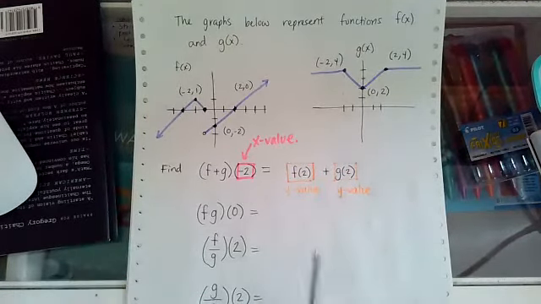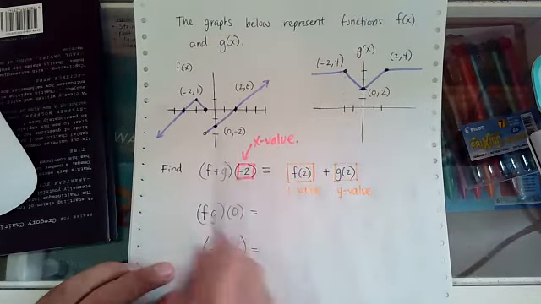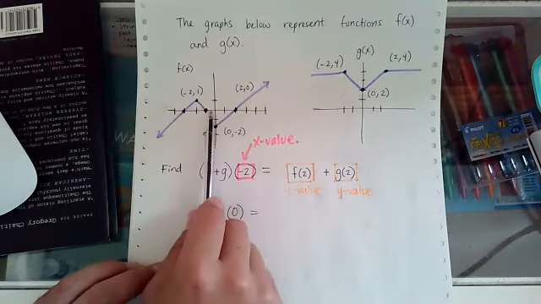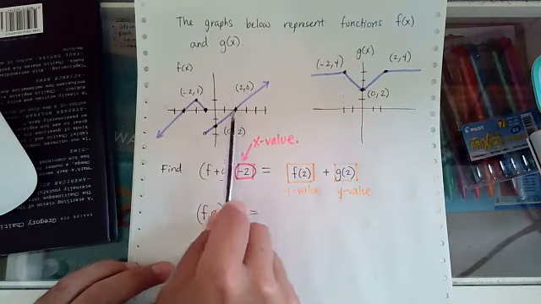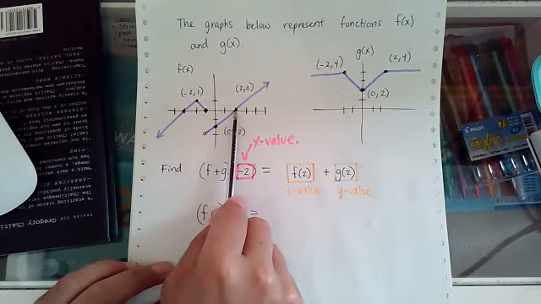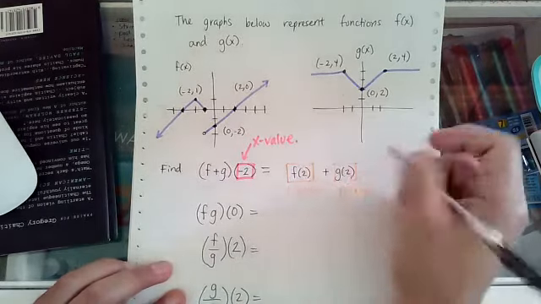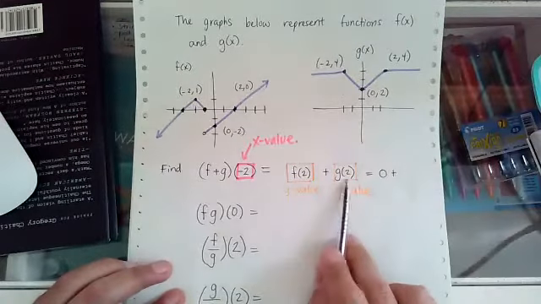So what you'll do is you'll go to the graph that we're calling the function f, and that's this graph over here. We'll go to the x value of 2 and then return that y value. So the y value here at this point is 0. Okay, so we have 0 plus whatever g of 2 is.